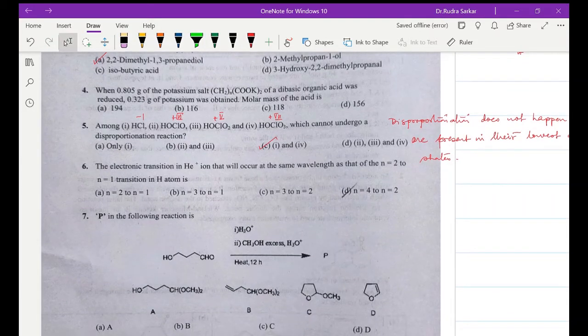Question 6 given: the electronic transition in He plus that will occur at the same wavelength as that of the n2 to n1 transition in H atom.